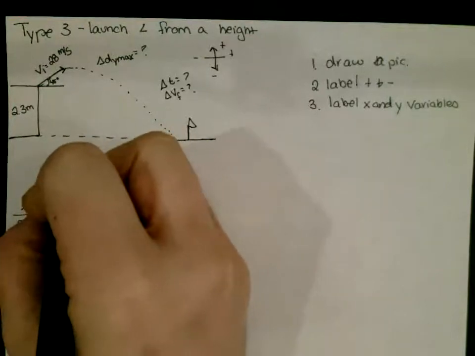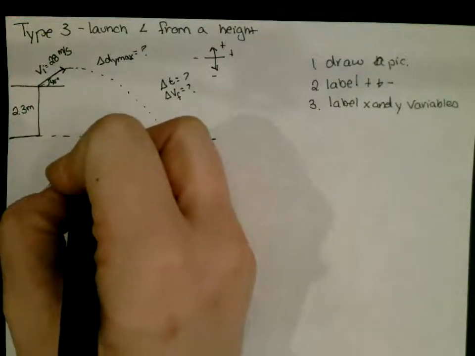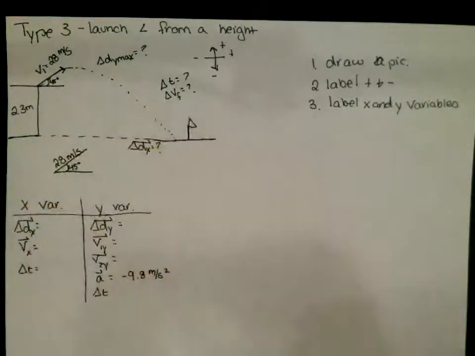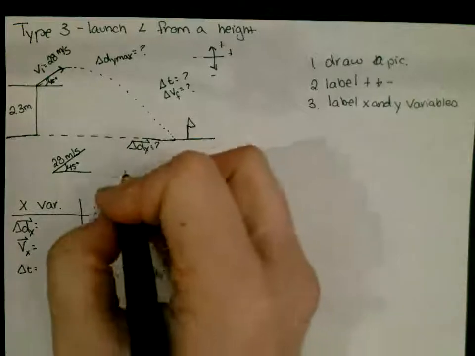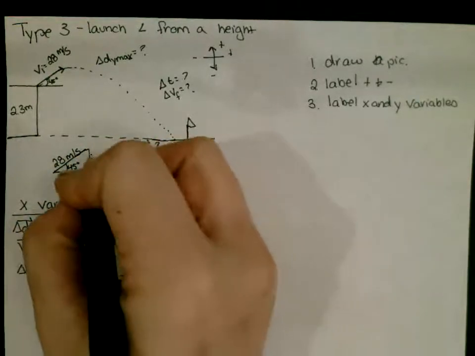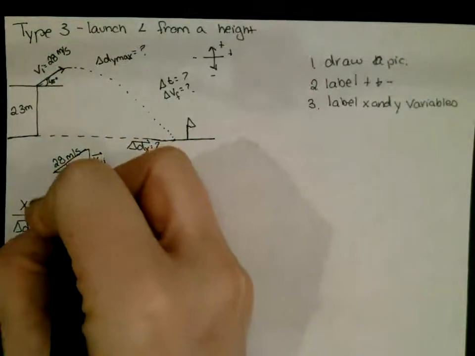We know this is 45 degrees. This is 28 meters per second. We know this is y, my initial vertical y. We know this is x.